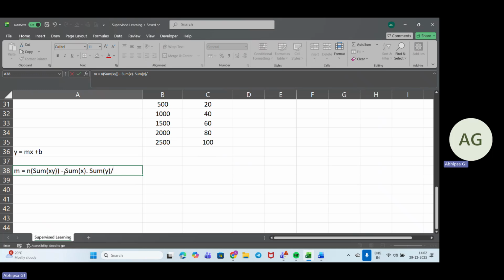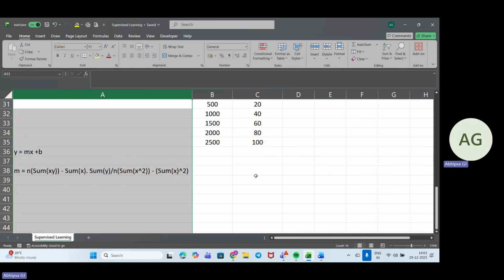Now the denominator is n times the sum of x square, subtracted by the square of the summation of x. Yes, the square of it. So this is the formula of m.